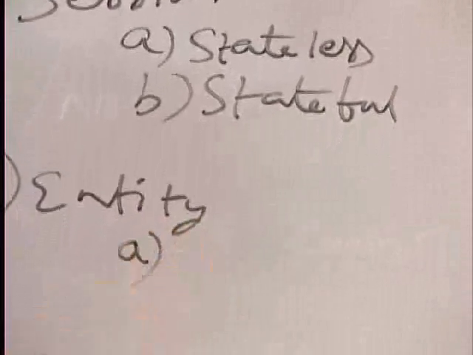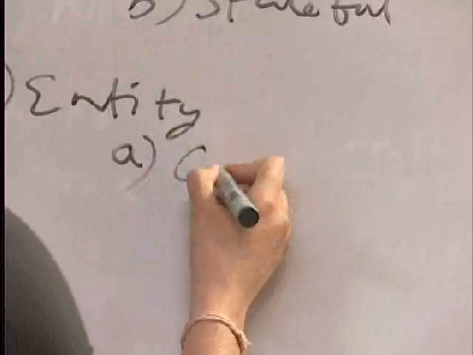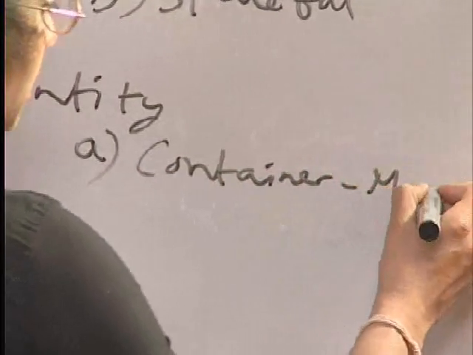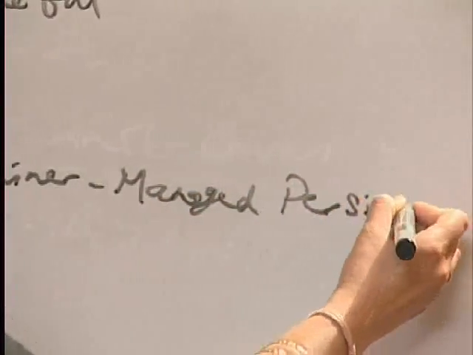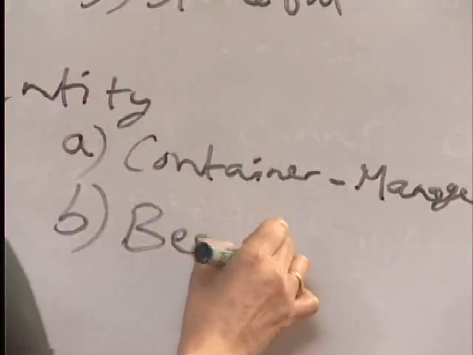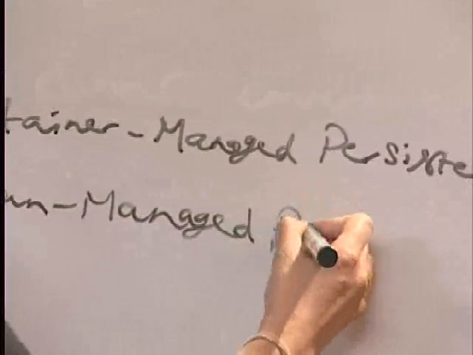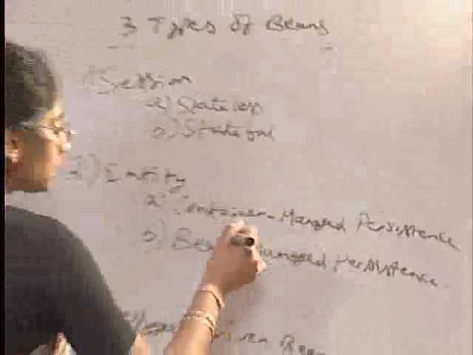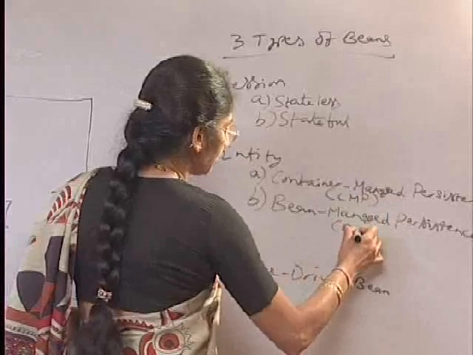Entity bean is also divided into 2 types, that is the container managed persistence and bean managed persistence, otherwise known in short as the CMP and the BMP.